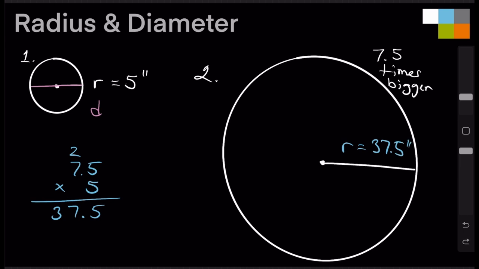If we wanted to make a little extra effort, we could figure out the diameter of circle number 2. The diameter, again, is just the distance from one edge to the other, as long as we're going through the middle. And because we know that the diameter is just the radius times 2, we can say that the diameter of this very large circle is 37.5 times 2.